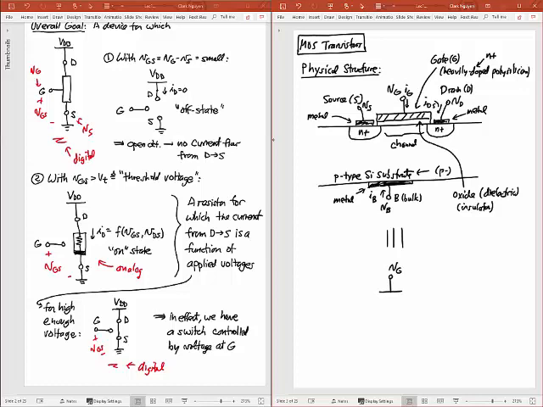So if that's the gate, if that's VG, and the source is on that side, then we basically indicate the source by an arrow. So I've got an arrow coming out there, which means that this is the source. So that'll be V sub S, that'll be VD, and then finally we indicate the bulk by a terminal coming out of that.